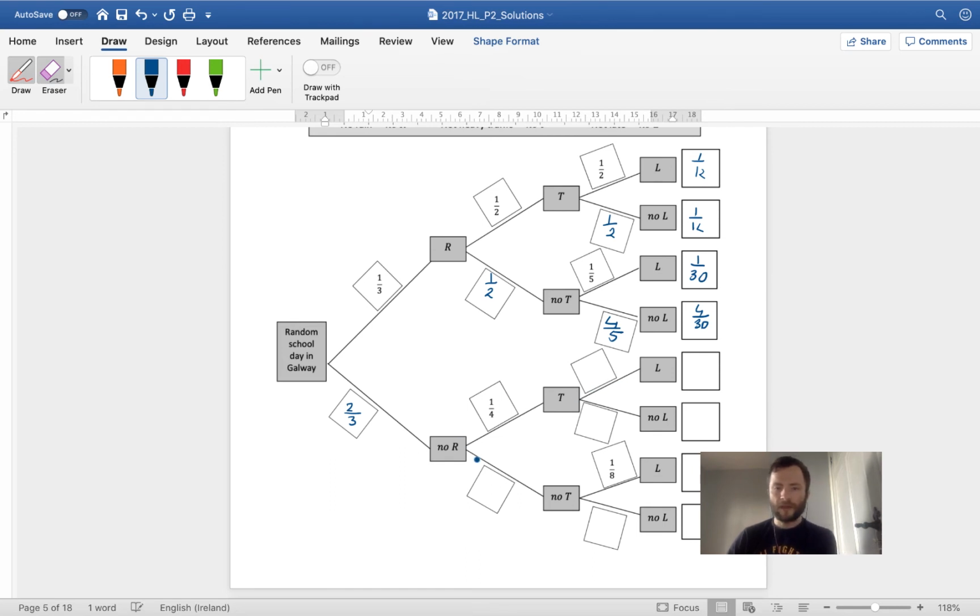So let's take a look at this leg. On a random school day, it's not raining, so the probability of no rain is 2 over 3. If it's not raining, the probability of traffic is a quarter, and the probability of no traffic is 3 over 4. Then going along this leg again, we look at the probability of being late and not being late if there is no traffic and it's not raining.